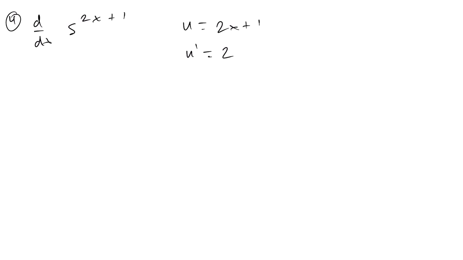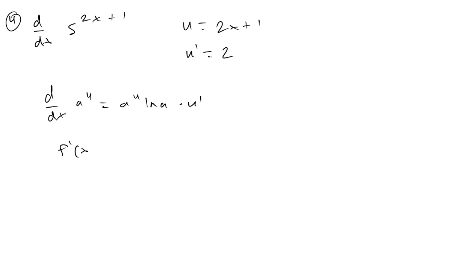So the second step here is to apply the rule for a to the power of u. So the derivative of a to the power of u is equal to a to the u ln a times u prime. So now we can simply substitute in.